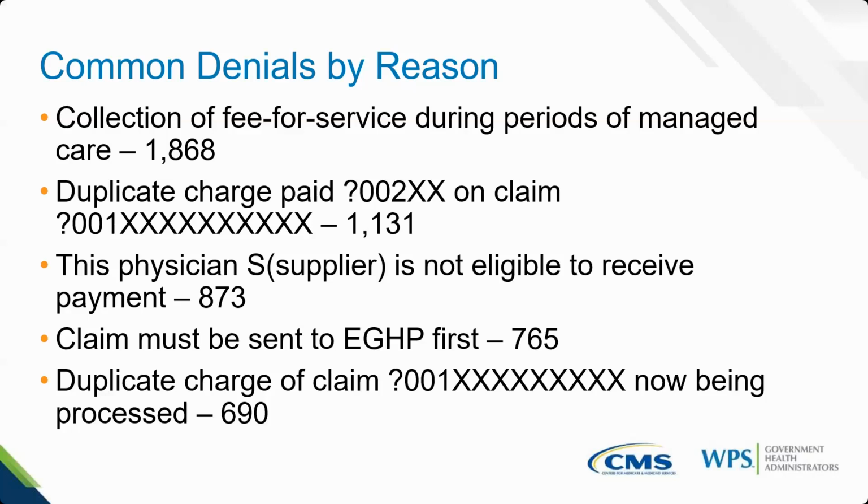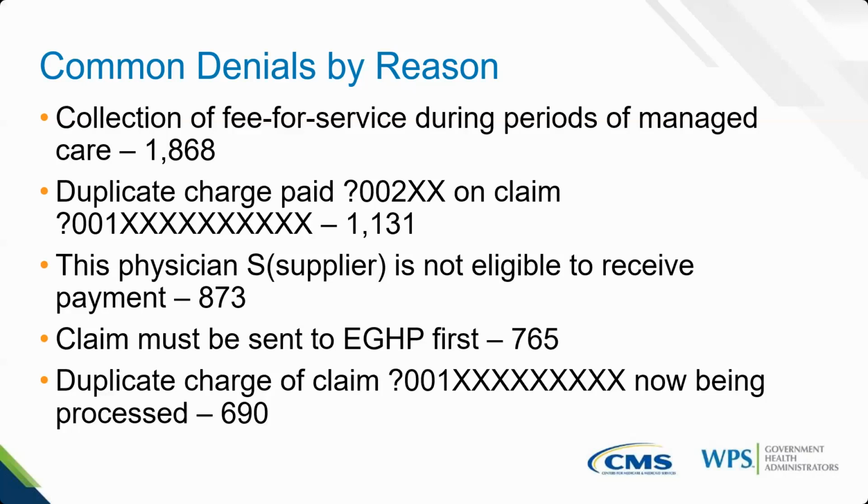The next one and the very last one you'll see are a little bit similar. Duplicate charge paid on such and such a date on this claim, and then the question mark 001 and those X's would be the identifier for the claim, or the ICN, the internal claim control number. That first question mark 002 with the X's, that would be a date.